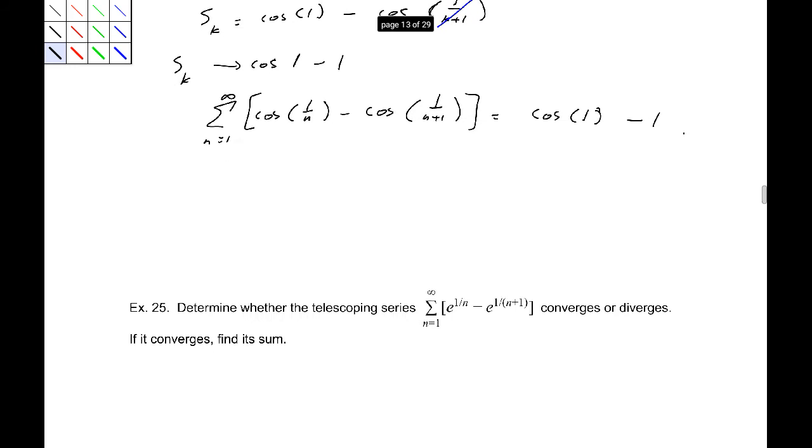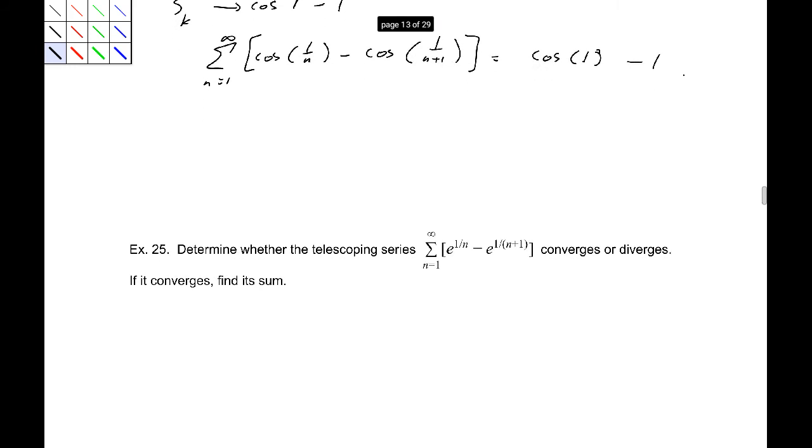Okay, so it all depends on that limit of the partial sums. So if you recognize that it's telescoping, we can go ahead and write the sequence of partial sums. This one is also telescoping. We're going to have terms cancel out. So this is 1 minus e to the 1 over k plus 1.